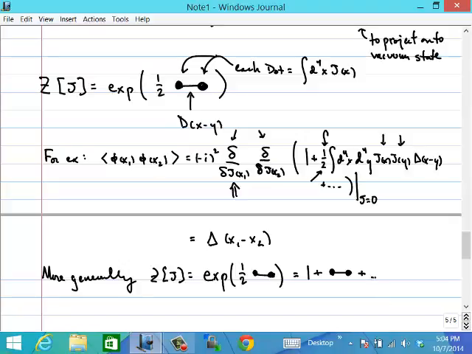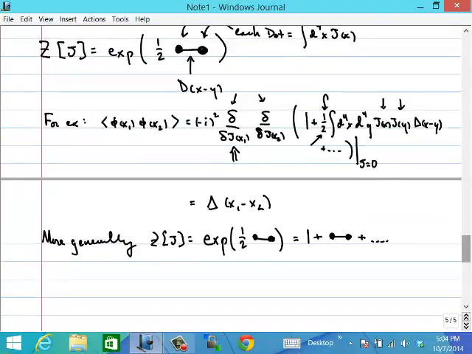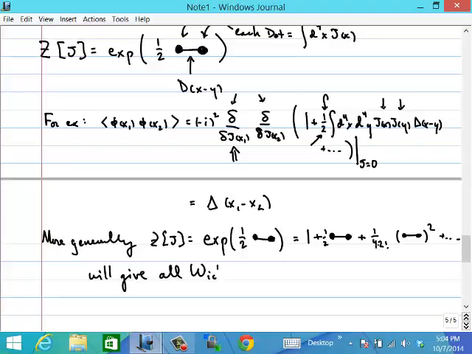Well, you could work them all out if you like. They're all of the higher order terms. So I guess we could just write this as 1/2 plus, let's say, 1/4 times 2 factorial times this guy squared, plus dot dot dot, which will give all of the possible Wick contractions that appear in Wick's theorem.